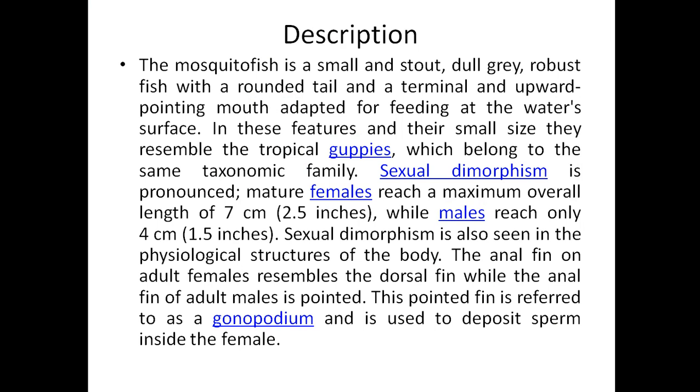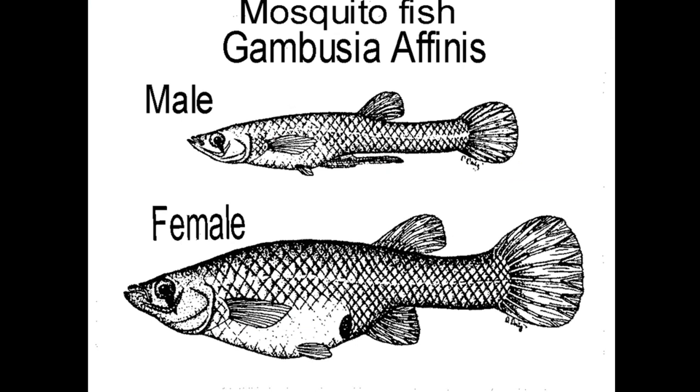The anal fin of the adult female resembles the dorsal fin while the anal fin of the adult male is pointed. See, here you can see the male and female, the differences. The anal fin of the male, you see, is pointed, but not in case of the female.